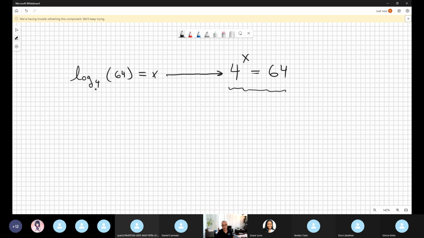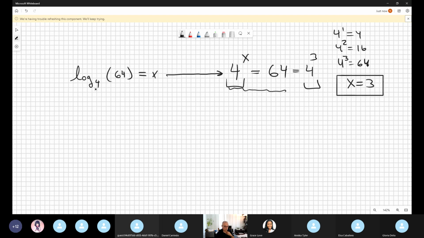The teacher explained to me exponential equations. 4 to the 1 power is 4. 4 to the second power is 16, 4 times 4. And 4 to the third power is 64 because 16 times 4 again is 64. Therefore, we have two exponentials, same base. Therefore, x is equal to 3. Cool?